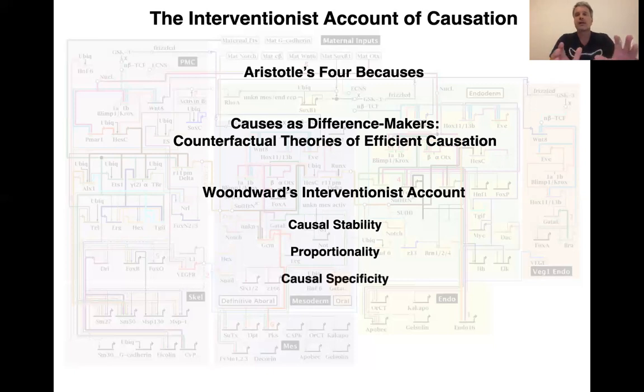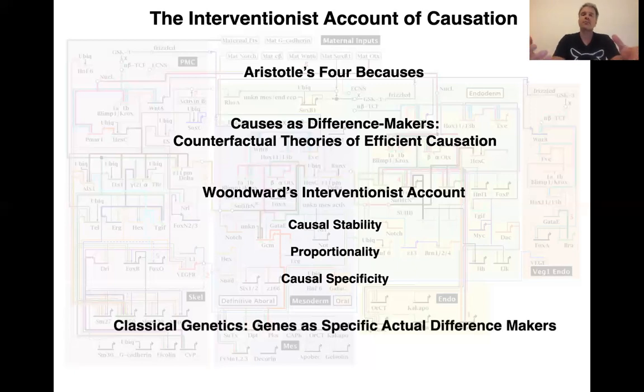And then a bit more complicated, the concept of causal specificity, that there is a very fine-grained mapping between the cause and the effect, describing the causal influence, and that this sort of specificity means that by fine-tuning the cause, you can also fine-tune the effect.